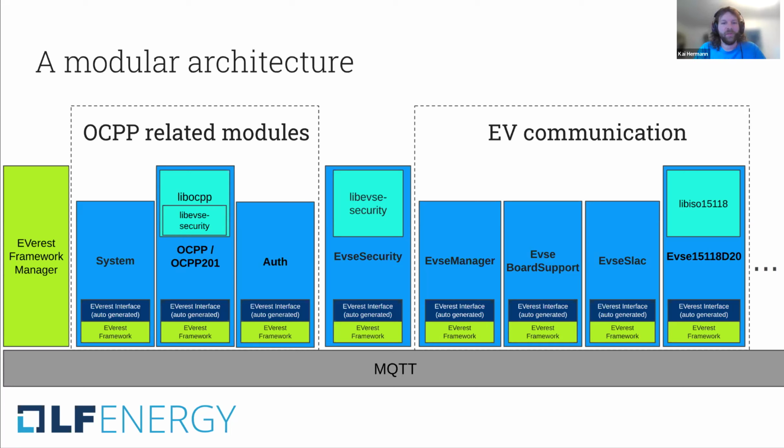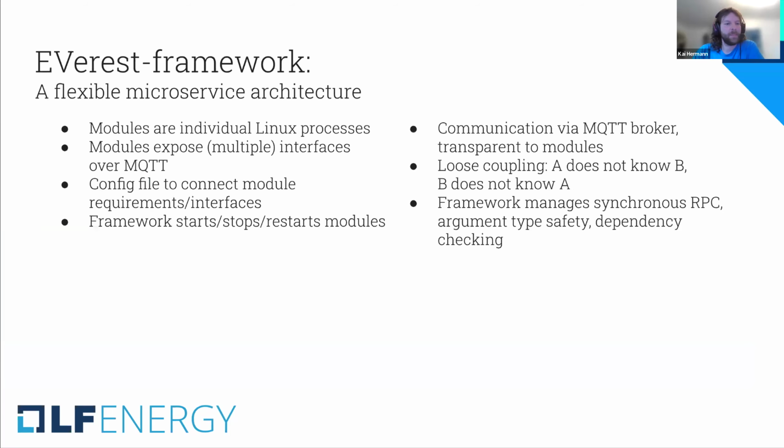You can see that some of these modules can be grouped into modules related to EV communication, OCPP communication, and modules more in between, and I will tell you more about this on an upcoming slide. But first, on the next slide, you can see what we mean with modular architecture.